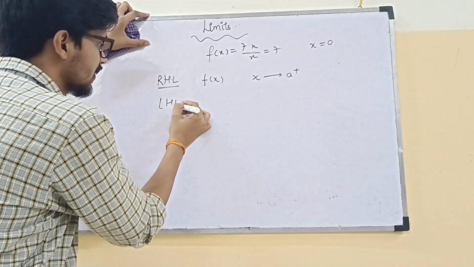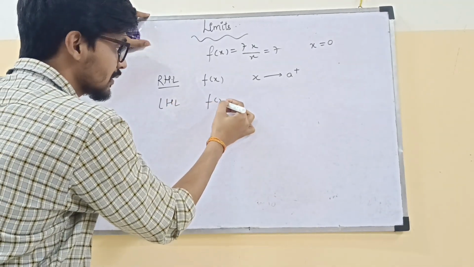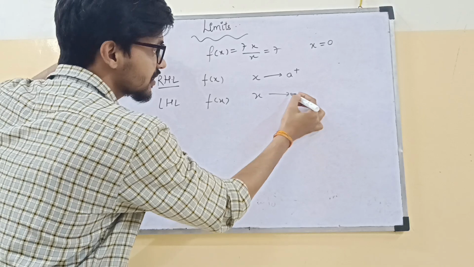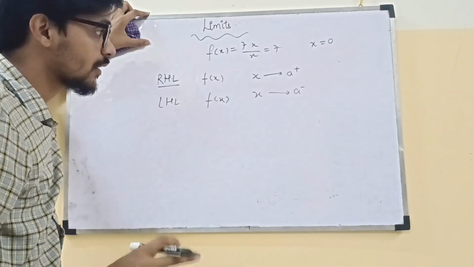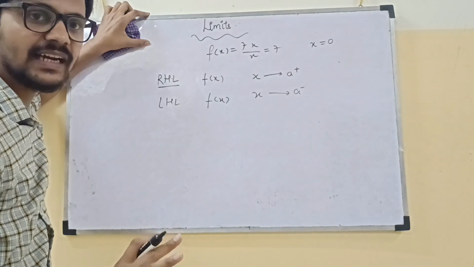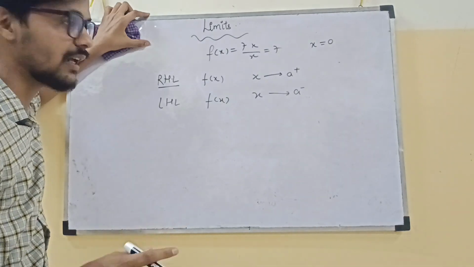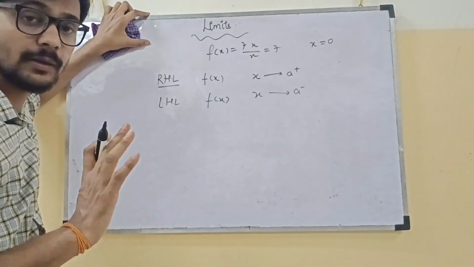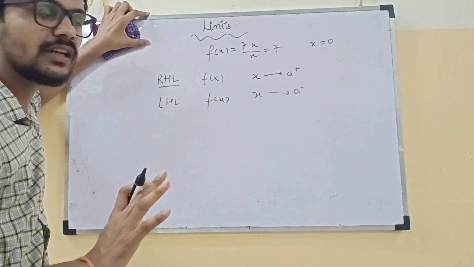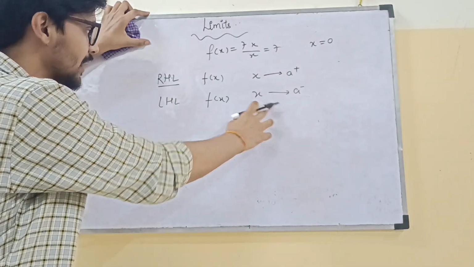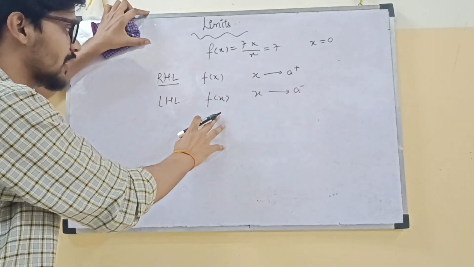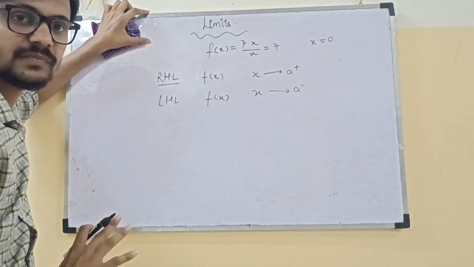Similarly, LHL, the value of the function when you are approaching towards the point from the left, right? So when you are approaching from the right, you are calculating RHL, and when you are approaching towards a from the left, you are writing like this, and your functional value is called the left hand limit.